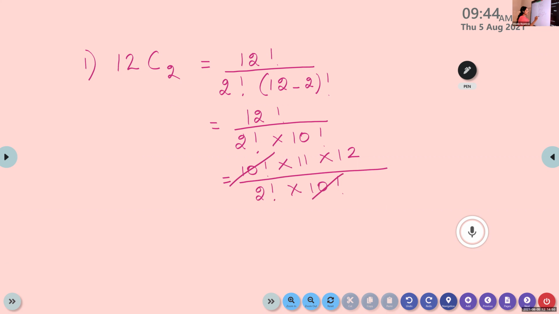So 10 factorial gets cancelled, and 2 factorial, if you cancel, the answer is 66 ways. So 12C2 is 66. We apply the definition, we express the bigger number in terms of the smaller number, and then we calculate.